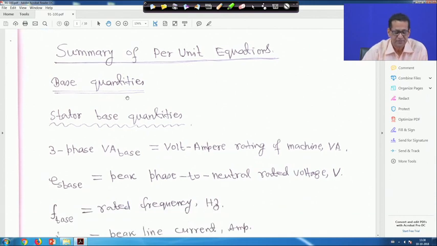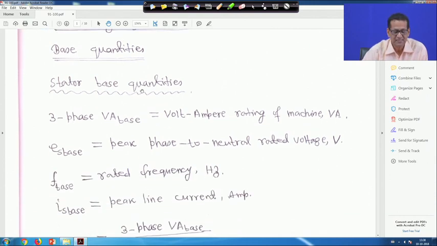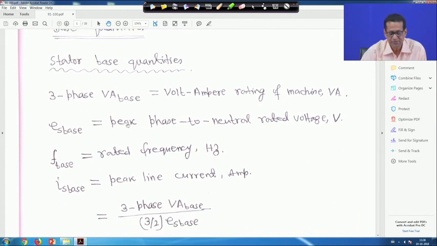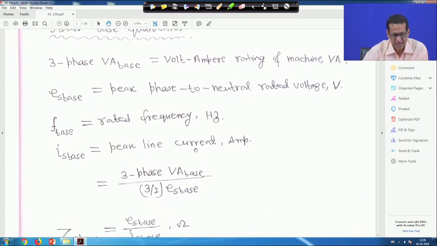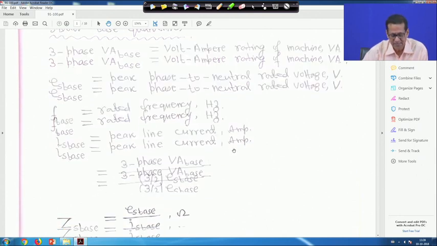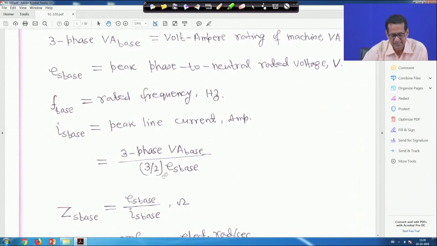So base quantities. Now stator base quantities. 3-phase volt ampere base is equal to the volt ampere rating of the machine. ES base is equal to the peak phase to neutral rated voltage in volt. Whatever we have studied, I have made a summary for you. F base is equal to the rated frequency in Hertz. IS base is equal to the peak line current in ampere, that is 3-phase volt ampere base divided by 3 by 2 ES base.